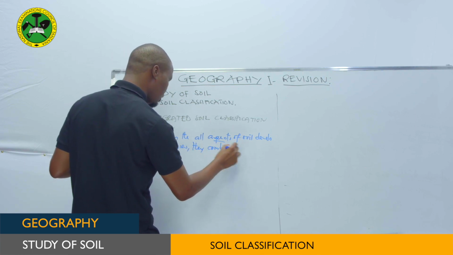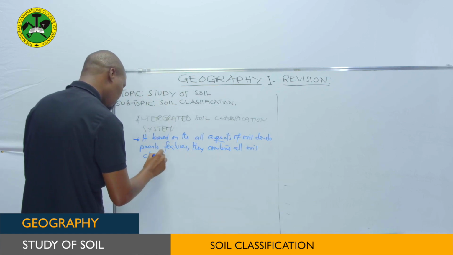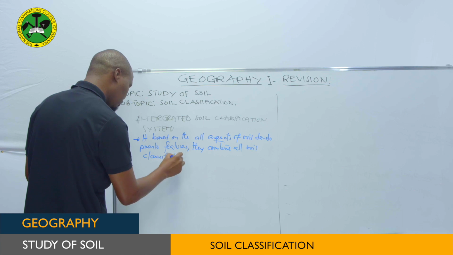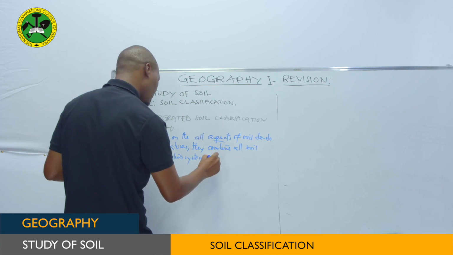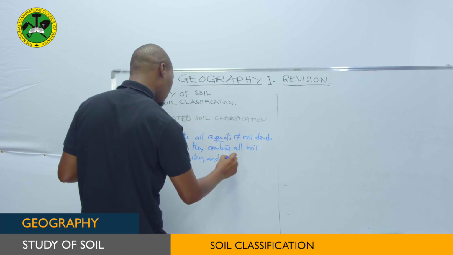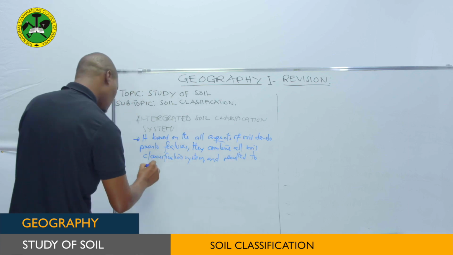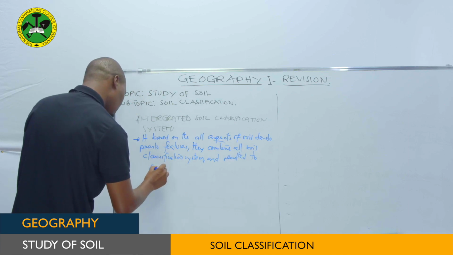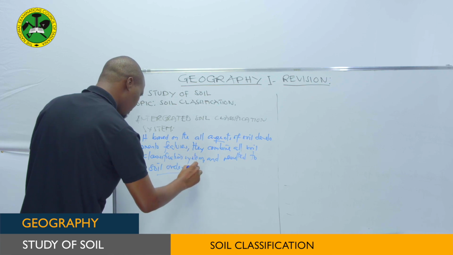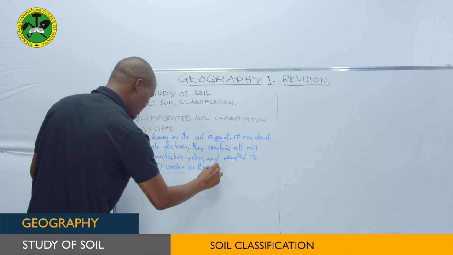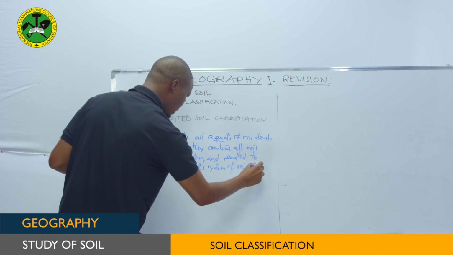Right here they are trying to combine all soil classification systems, and this resulted in soil order as a system of soil classification.